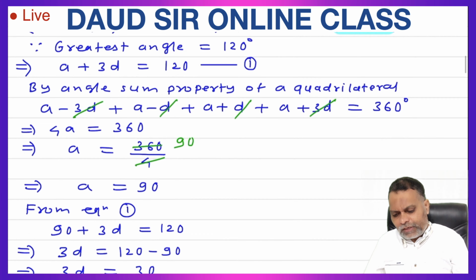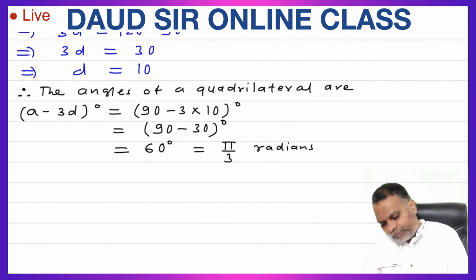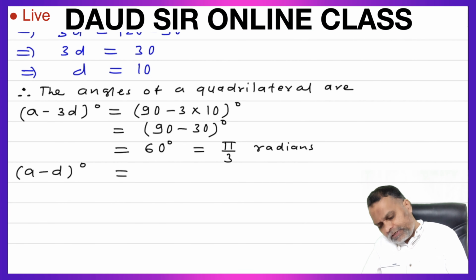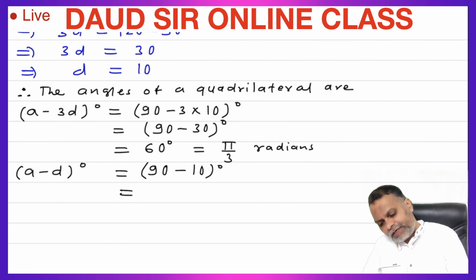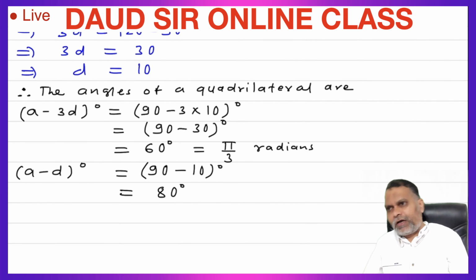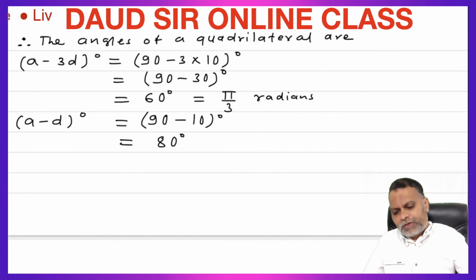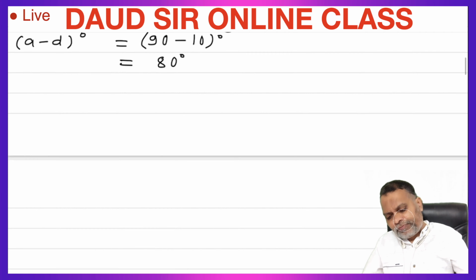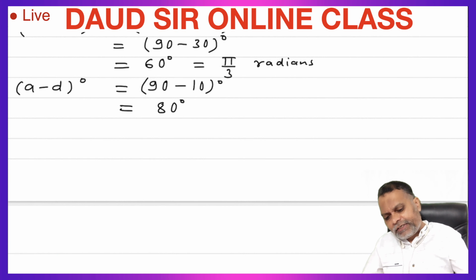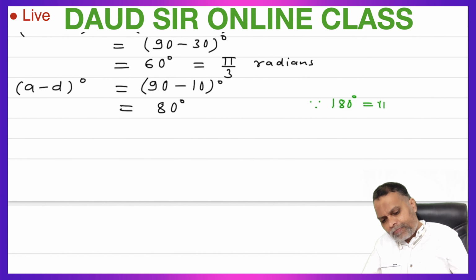Second angle A minus D degree is equal to A 90 minus D 10. So this is 90 minus 10, 80 degree. Now we can convert this 80 degree into radian. So we have the concept 180 degree is equal to pi radian.